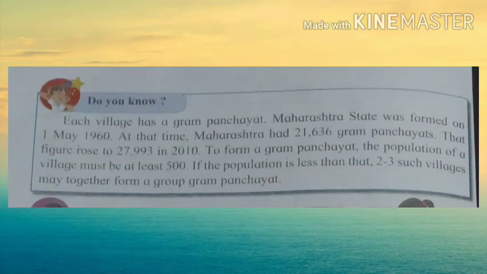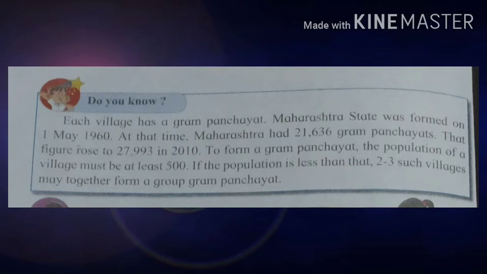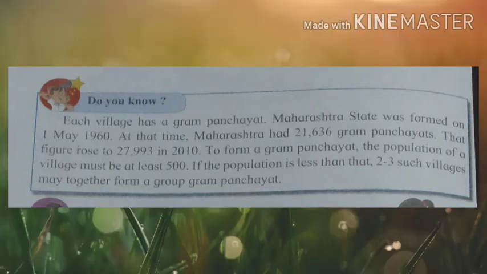Do you know each village has a Gram Panchayat? Maharashtra state was formed on 1st May 1960. At the time, Maharashtra had 21,636 Gram Panchayats.